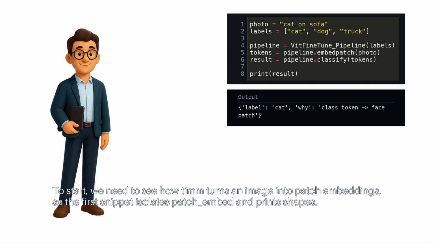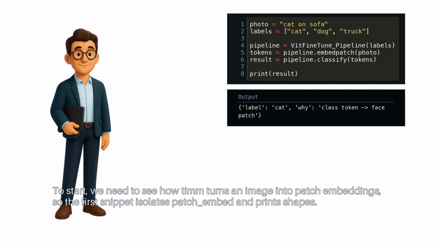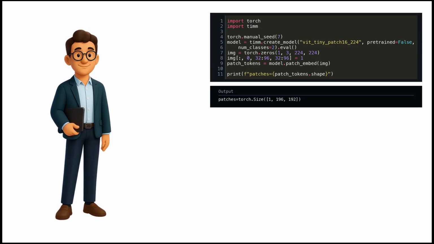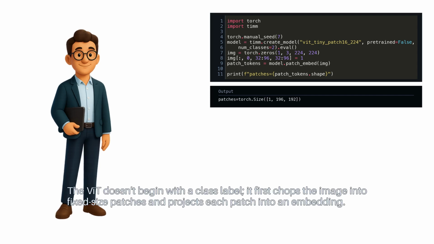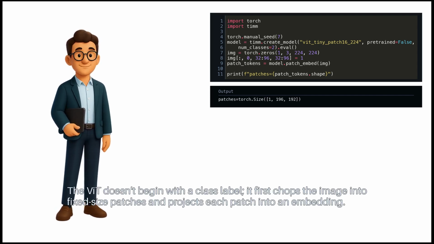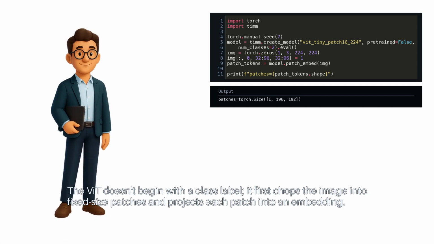To start, we need to see how timm turns an image into patch embeddings. So the first snippet isolates patch embed and prints shapes. This snippet uses timm to convert one simple image into patch tokens. The ViT doesn't begin with a class label. It first chops the image into fixed-size patches and projects each patch into an embedding.